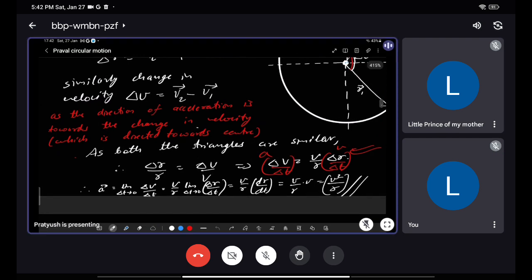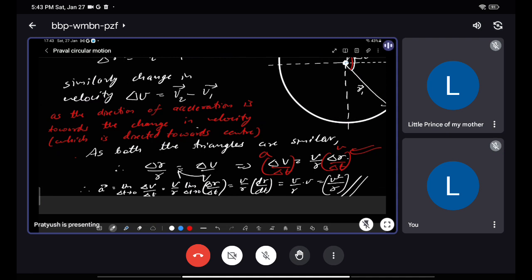Now both the triangles are similar, so what can we do? Delta R upon R will be equal to delta V by V. Okay. Now take R and V on the other side. So delta V equals V upon R into delta R. Now divide both of them by delta T. So delta V upon delta T will give us acceleration and delta R by delta T will give us velocity.